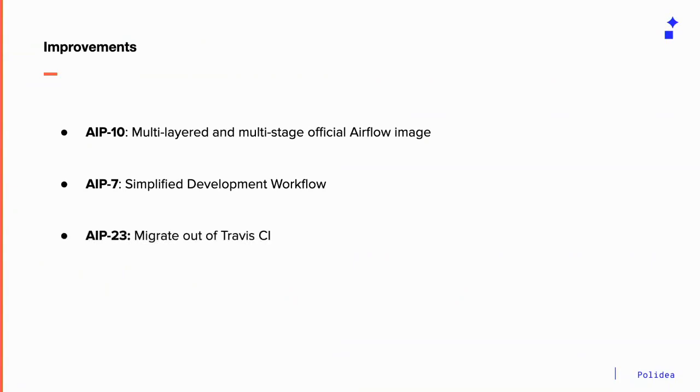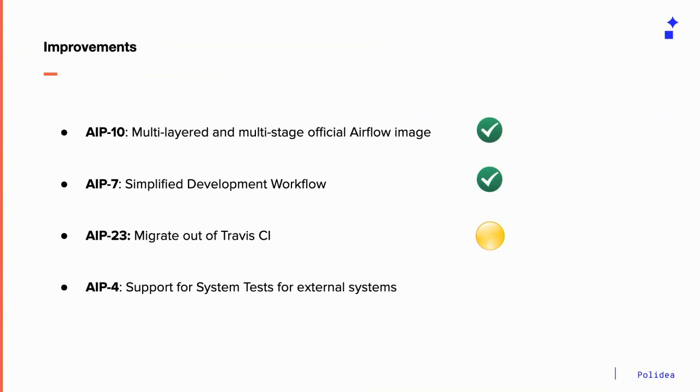I'm working right now on migration out of Travis CI to make our life easier and not to wait 6 hours for builds. And in the future, there will be support for system testing for external systems. The first two are implemented. The third one is being worked on, and support for system tests is actually also something that our team is working on.